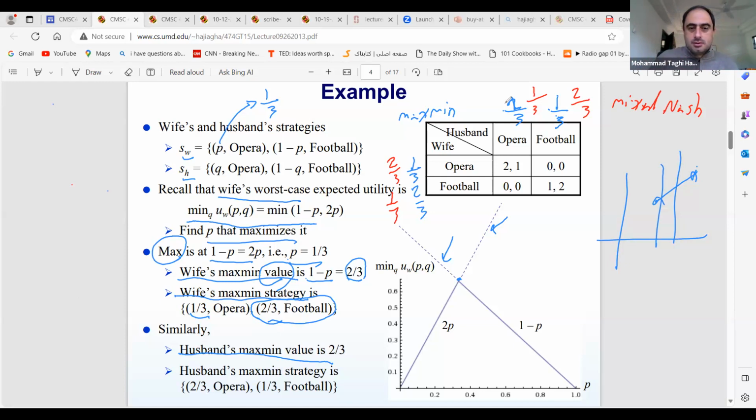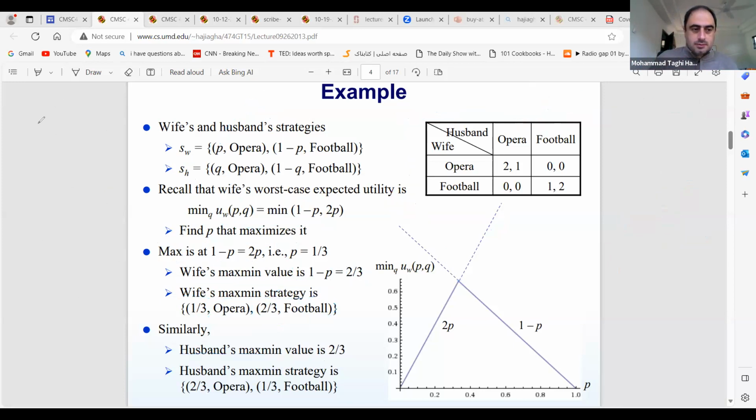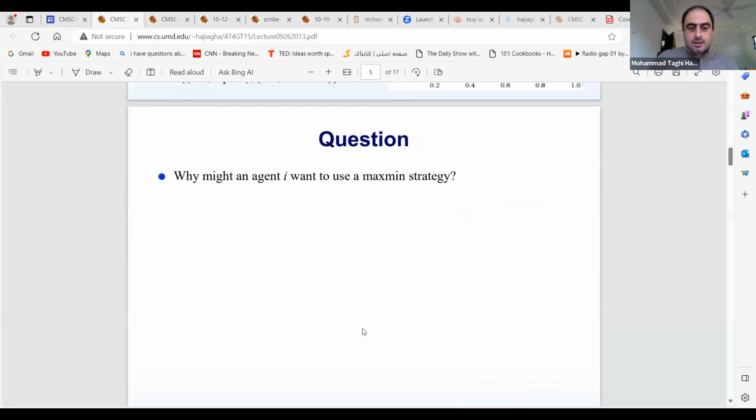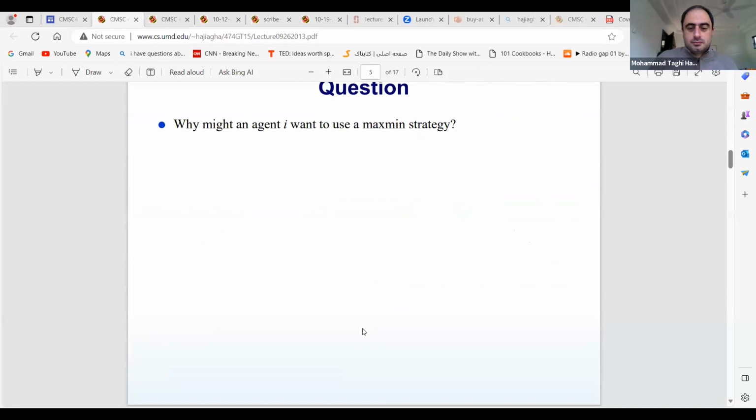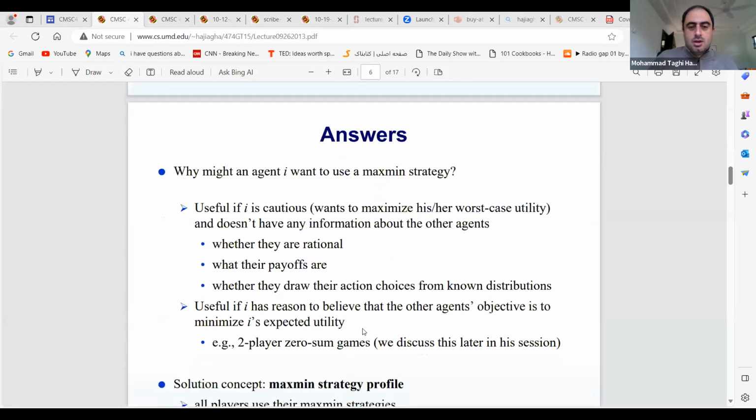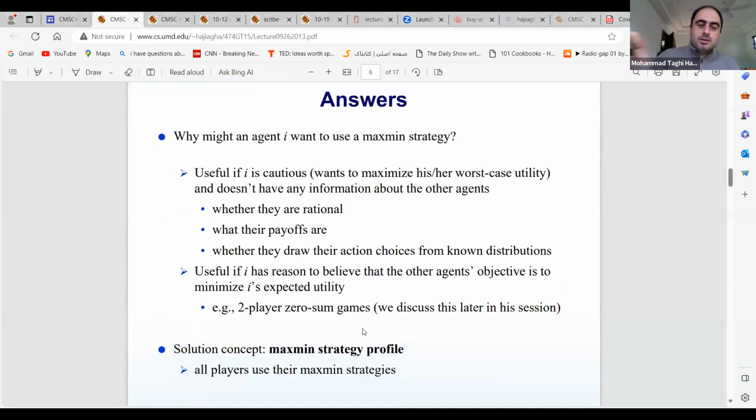Good. So let me just clear everything. So this was the value that we have. So this is the question, essentially from the game theory incentives that we always talk about, or in a practical sense: why would an agent want to use a Maximin strategy?